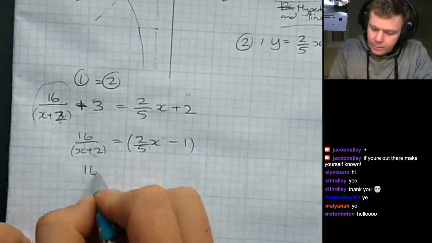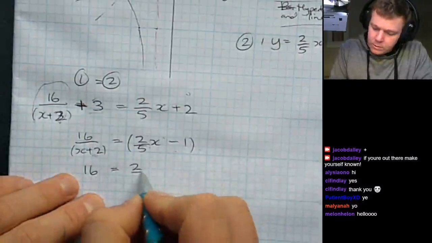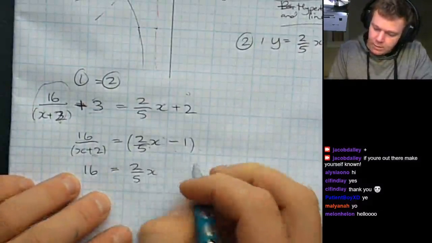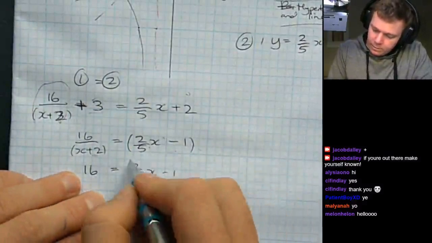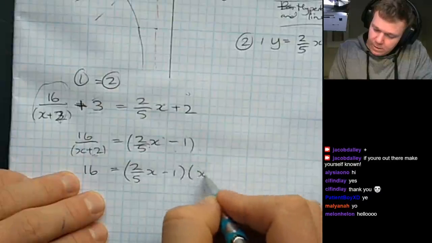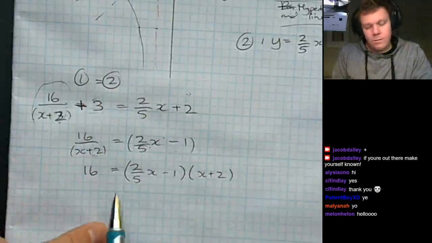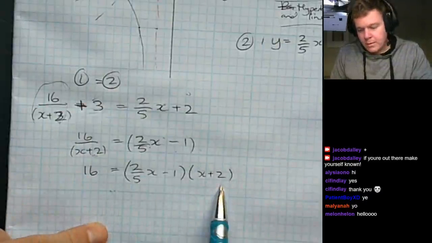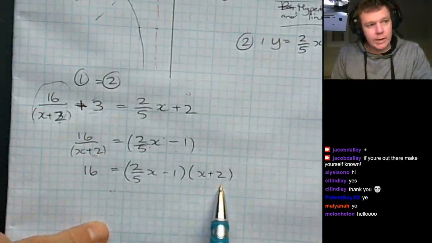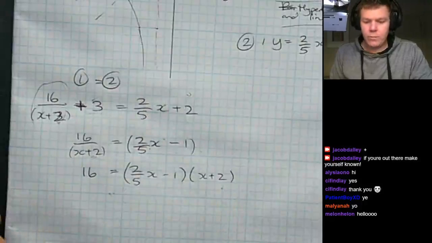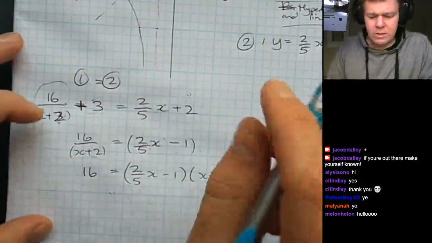So you're going to be left with 16 equals 2/5 x minus 1, times x plus 2. And right away you can see we're going to get a quadratic. So we're going to need to use our quadratic formula to solve this.